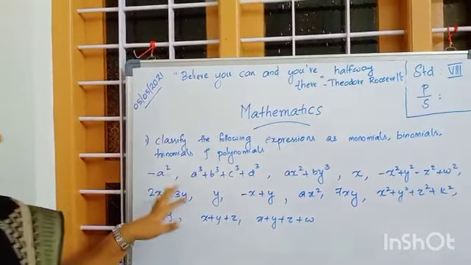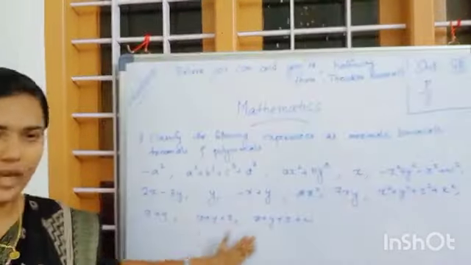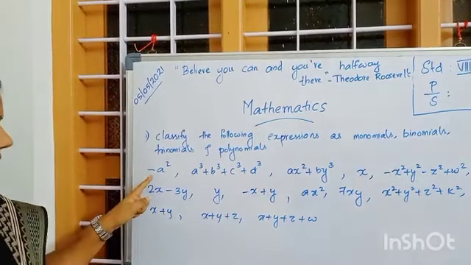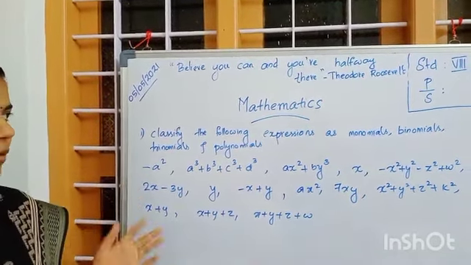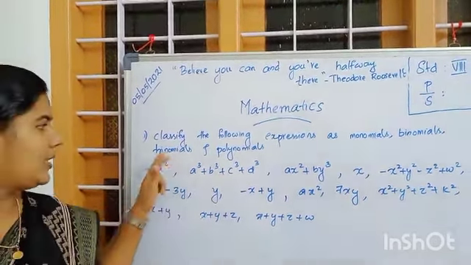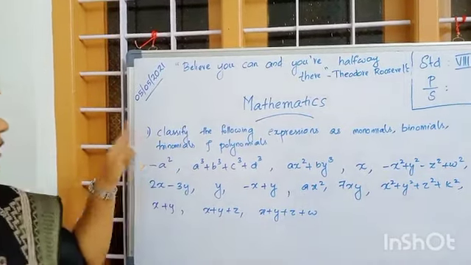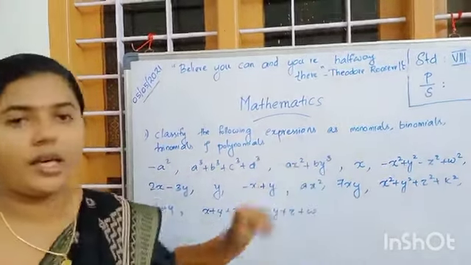Okay, so I hope all of you have written down the question, and now let's discuss which among these are monomials, binomials, trinomials and polynomials. So first of all, tell me which among these are monomials.